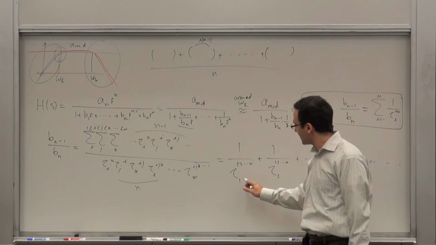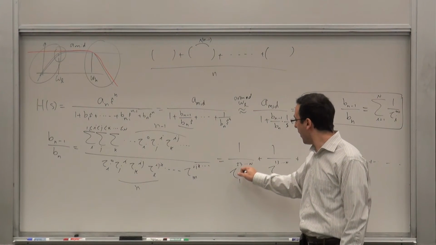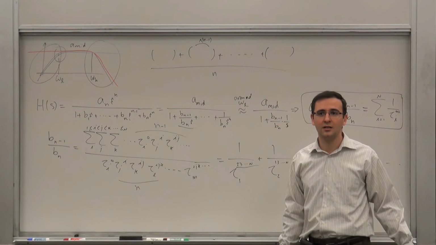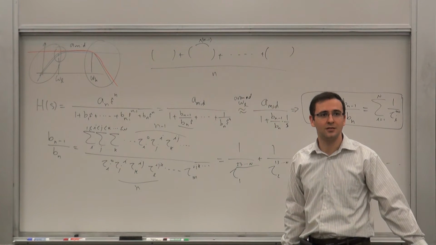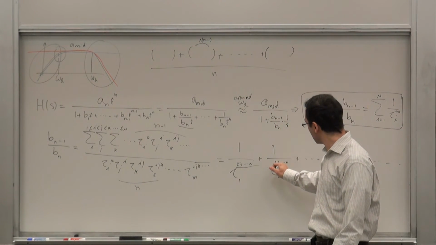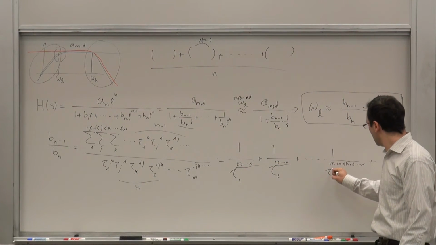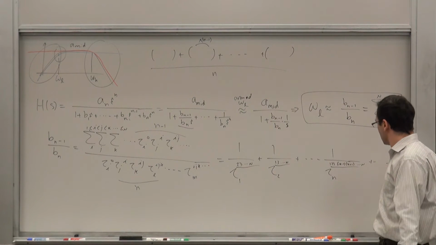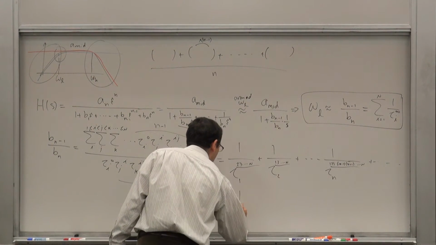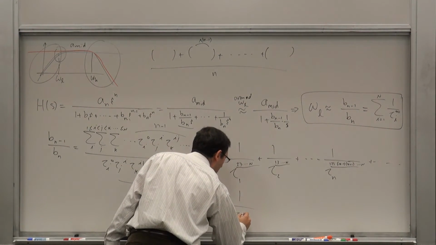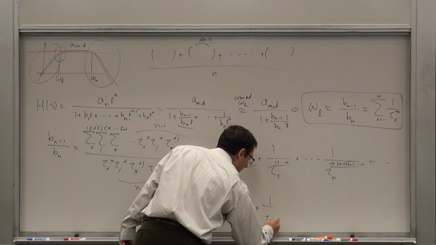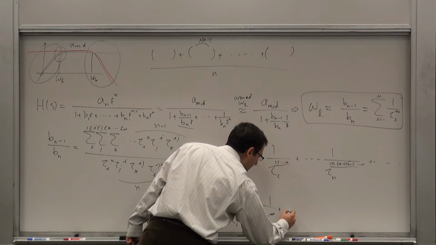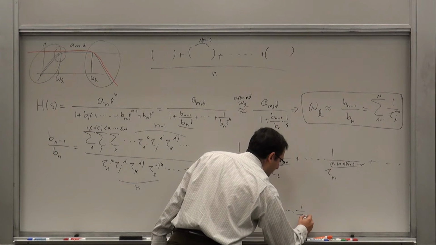So what are these time constants? This is a time constant for element n when all the remaining elements are infinite value. Same here, all the remaining elements. This cannot appear in the numerator, right? In the superscript. So I show these as tau infinity. So this is tau 1 infinity plus tau 2 infinity all the way to tau n infinity.